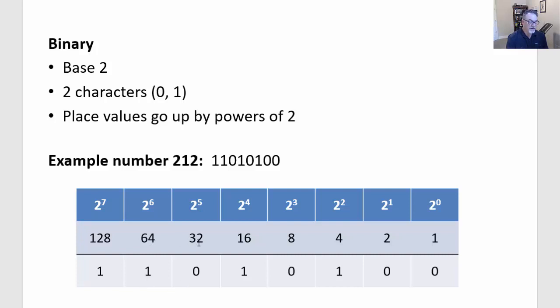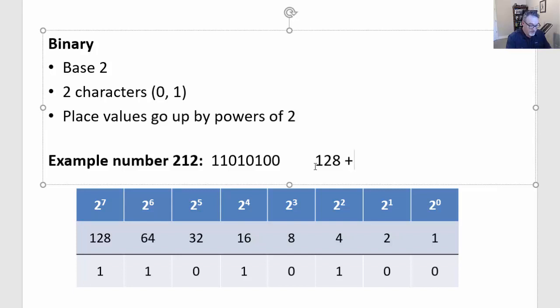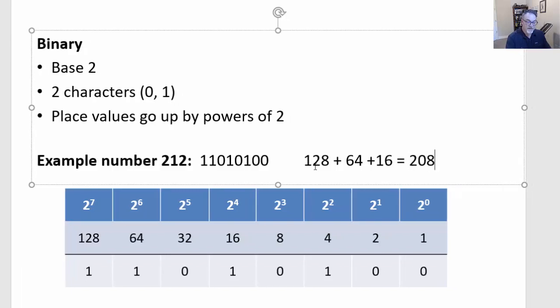Now, do I need a 32? Well, if I add 32 to 192, I get 224, which is too much. So no, 0. I'll take a 128, I'll take a 64, and I do not need a 32 because that would be too much. How about a 16? Well, if I add 128 plus 64 plus 16, I get 208.